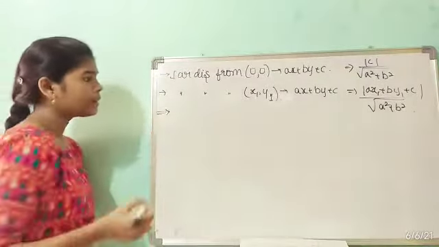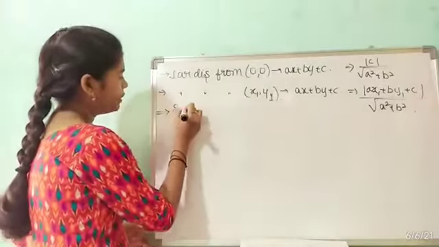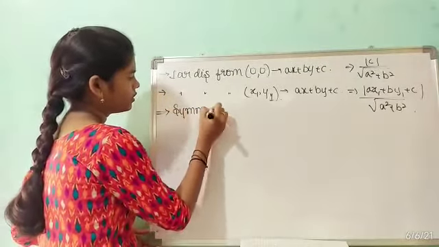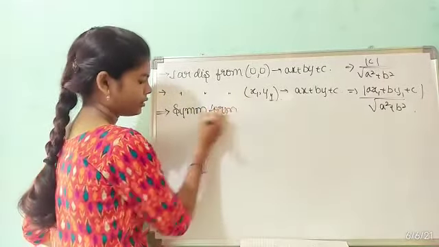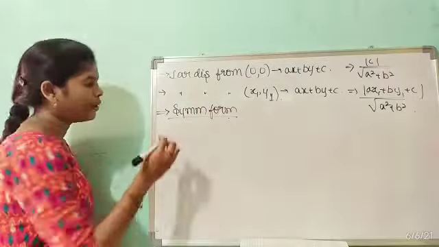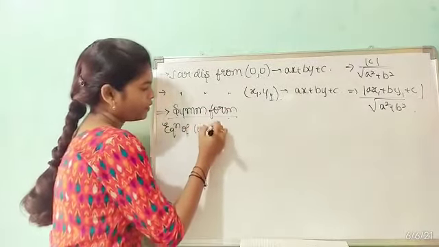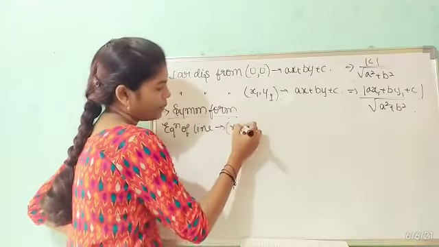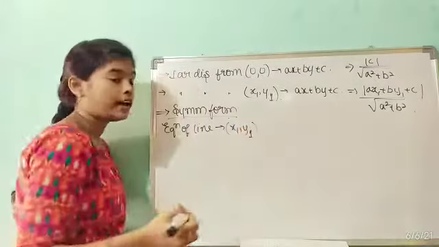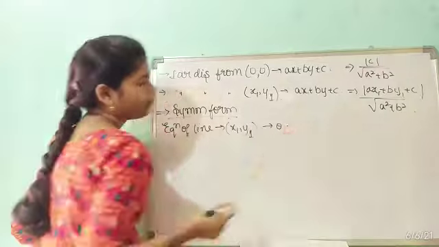Okay. Moving on to the next, symmetric form. In the symmetric form, suppose you have to find the equation of a line which is passing through x1 comma y1 and has an inclination theta.